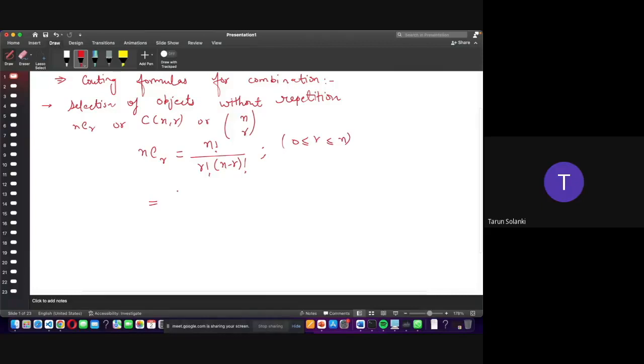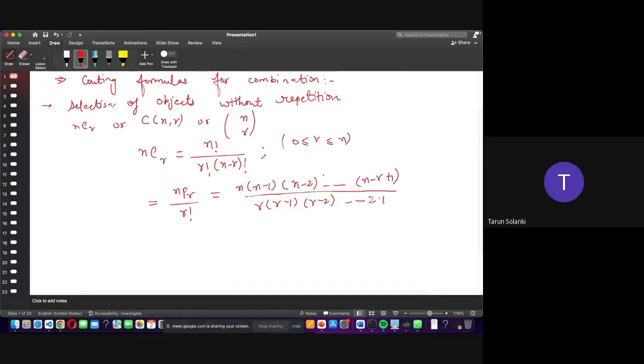So it becomes nPr divided by r factorial, that is n(n-1)(n-2) up to (n-r+1), divided by r(r-1)(r-2) down to 2 into 1.